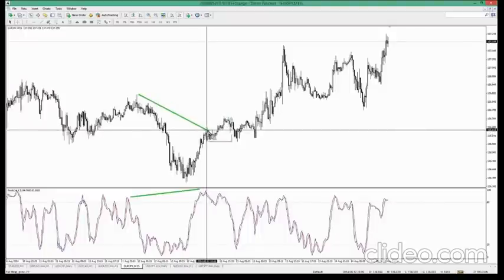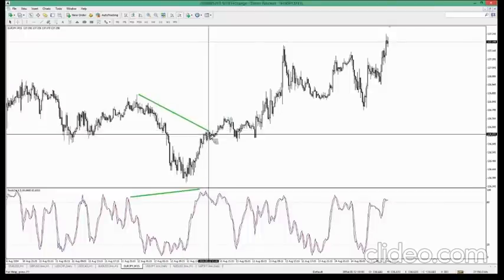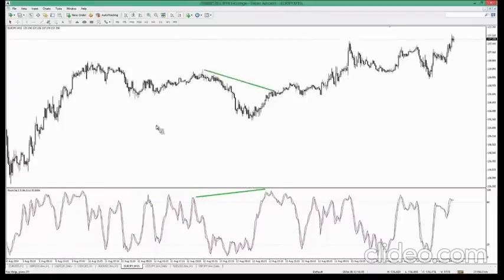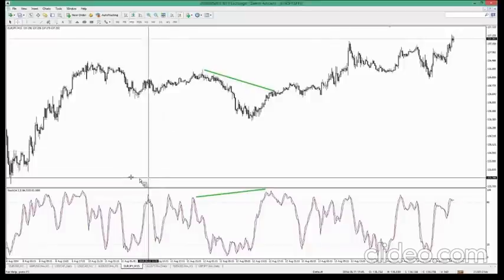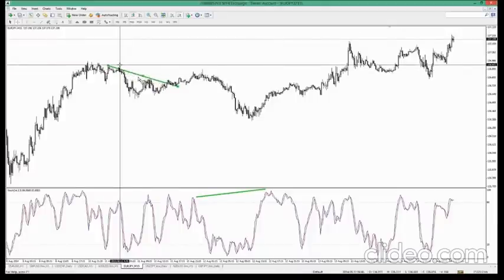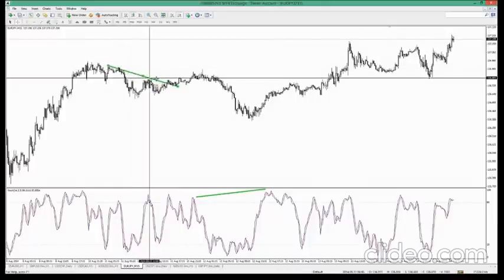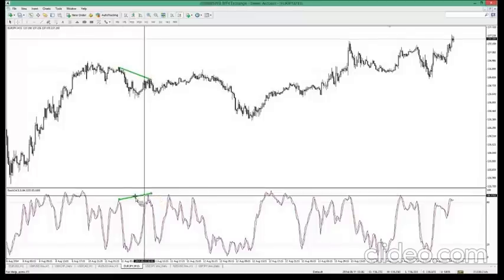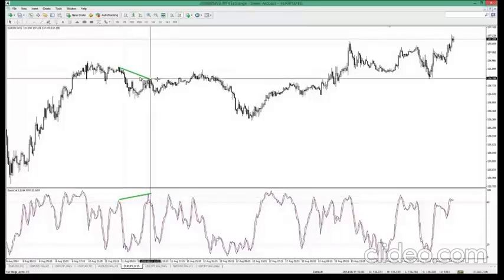It's more corresponding like that. Okay, another one there. Moves higher, price lower.